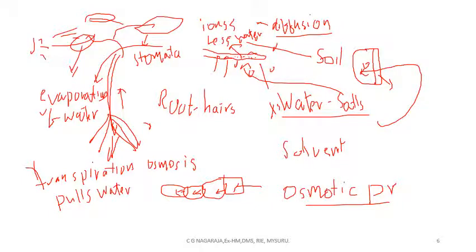So water moves up in the plant body by three processes: osmosis, transpiration pull, and also osmotic pressure. You will try to understand these things much better in your higher classes.